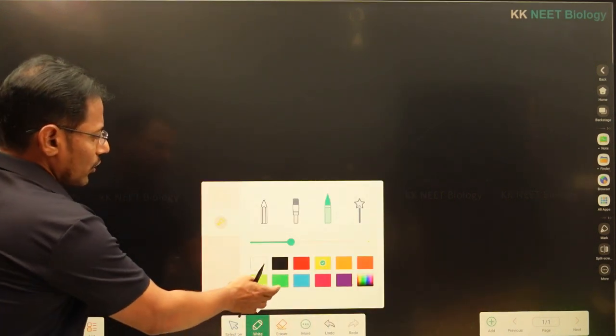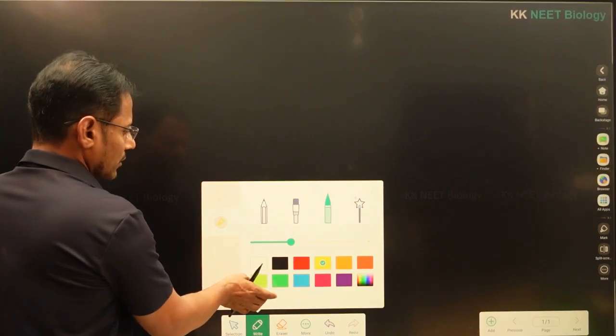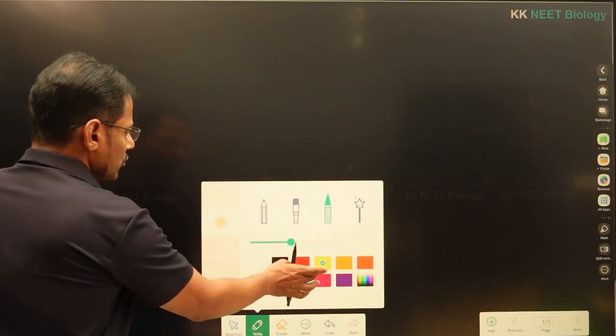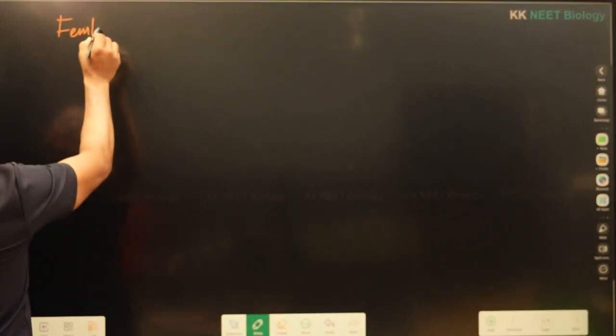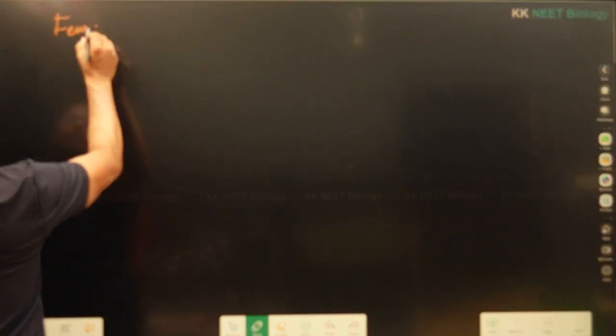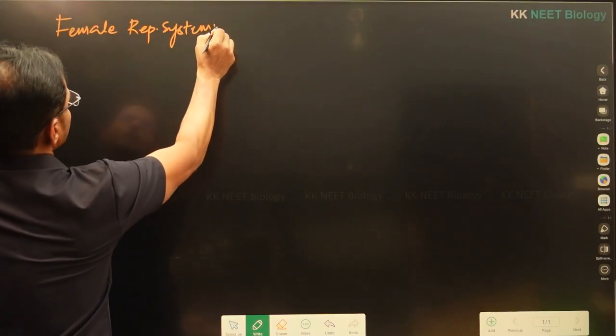As we know, the reproductive parts of the human being are generally located in the pelvic region. As in the male, the female reproductive system is also located in the pelvic region. Generally, the female reproductive system contains the following parts.